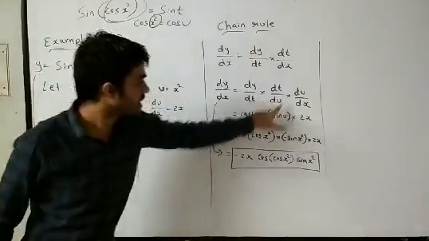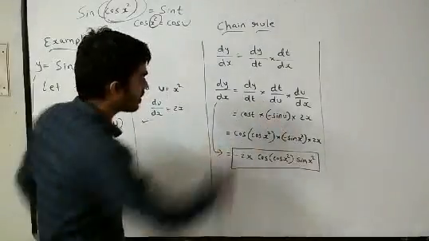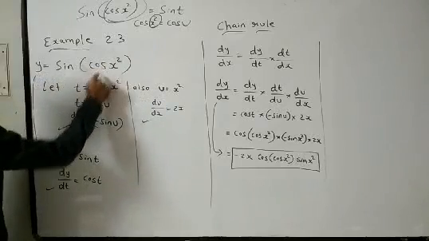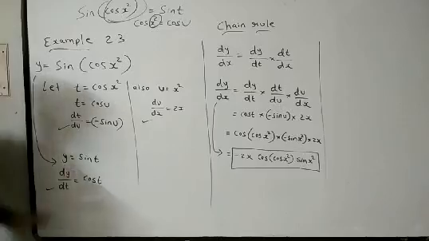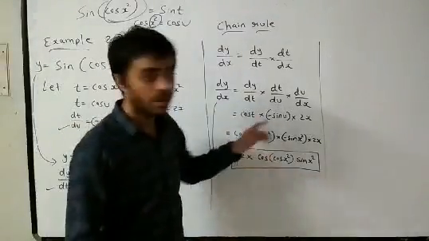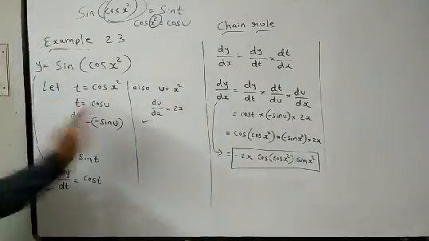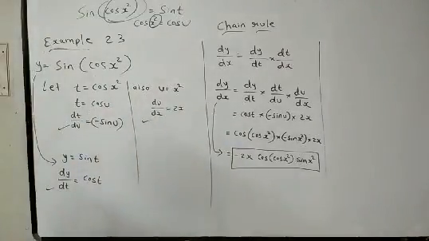And dt by du we have got minus sin u. What is left? dy by dt. Why? We have y as sin of cos x square. So cos x square we have assumed as t. So y is equal to sin t, and the derivative of sin t with respect to t is cos t. Just put the values, and replace this t and this u with whatever we have assumed. That will be your final answer.